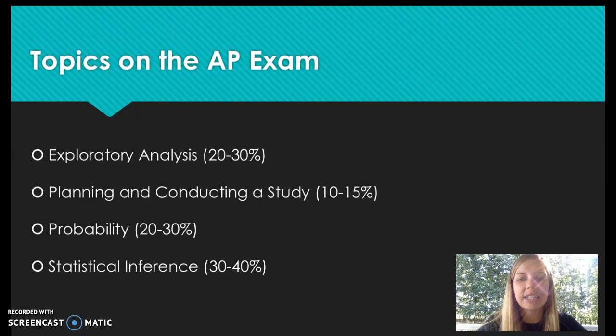Exploratory analysis, that's like the bar graphs and histograms and all of those things. That's actually our next unit after we finish planning and conducting a study. We'll get to probability around Christmas time, and then statistical inference, which is my favorite, and the largest part of the course, will be shortly after Christmas, so basically your second semester.